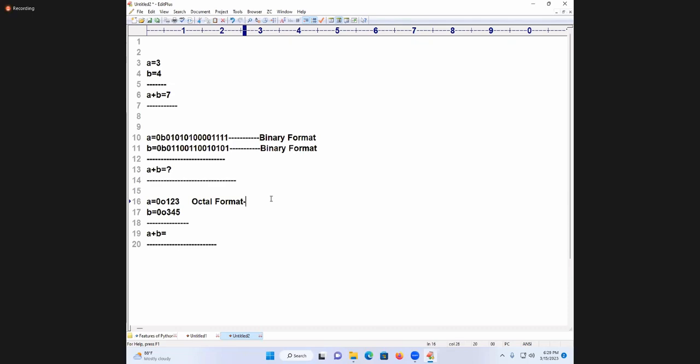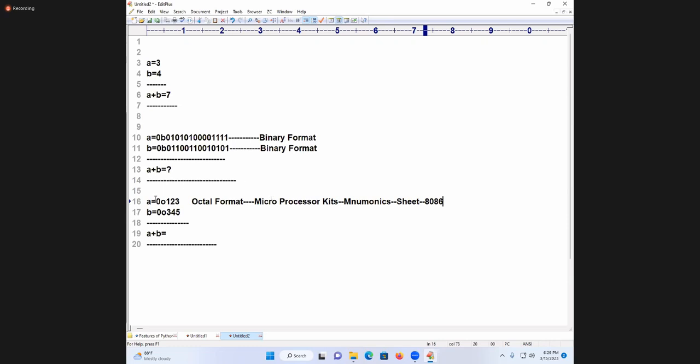Octal format is understandable by what? Microprocessor kits. There you are writing mnemonics, and there is a sheet available. Electronics students know this better. 8086 microprocessor programming, which we can call assembly language programming, represents the data in octal notation.